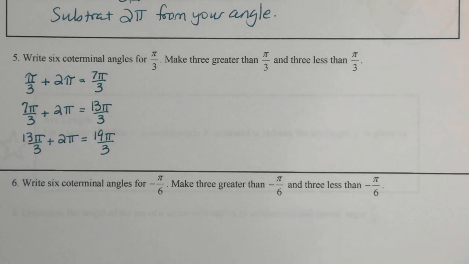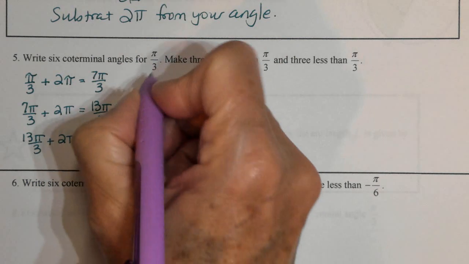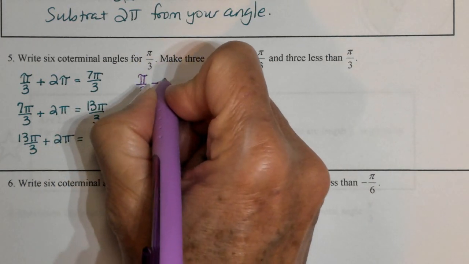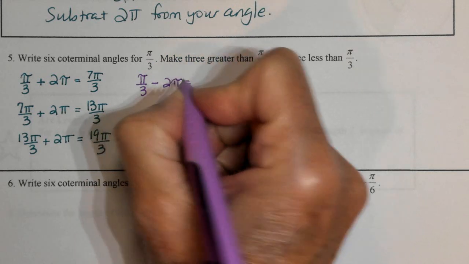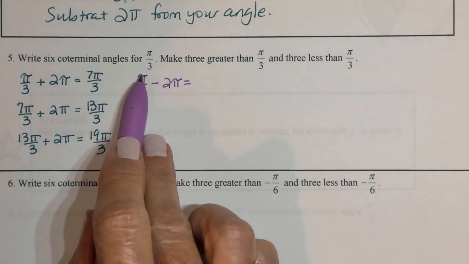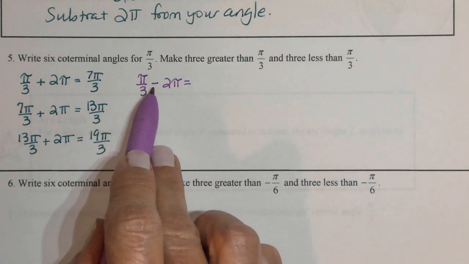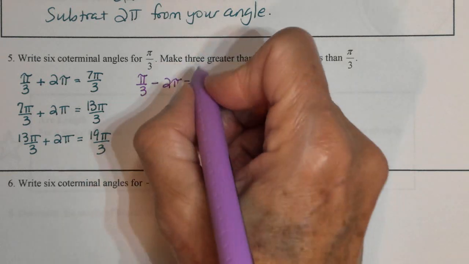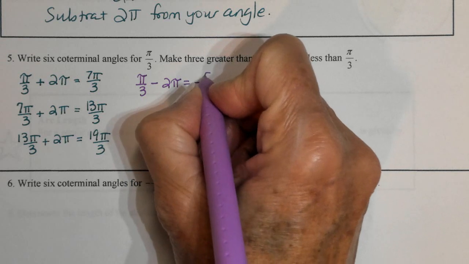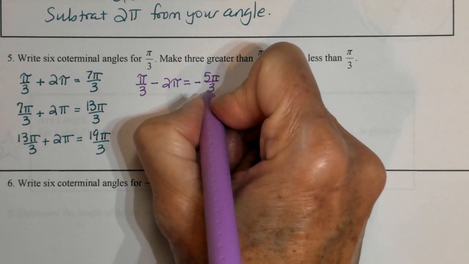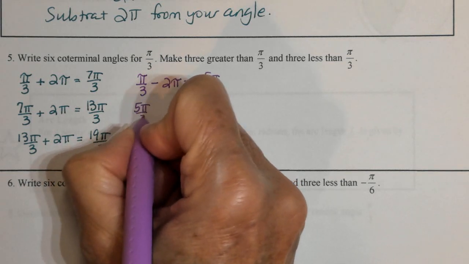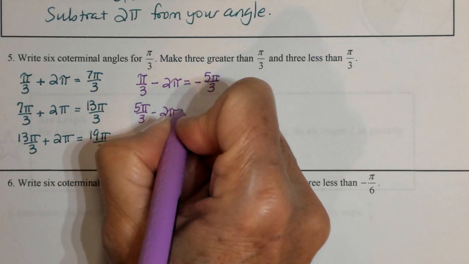Okay, now let's find 3 less than pi over 3. So I'm going to take pi over 3 and subtract 2 pi. So pi over 3 minus 6 pi over 3 is negative 5 pi over 3. Now negative 5 pi over 3 minus 2 pi.